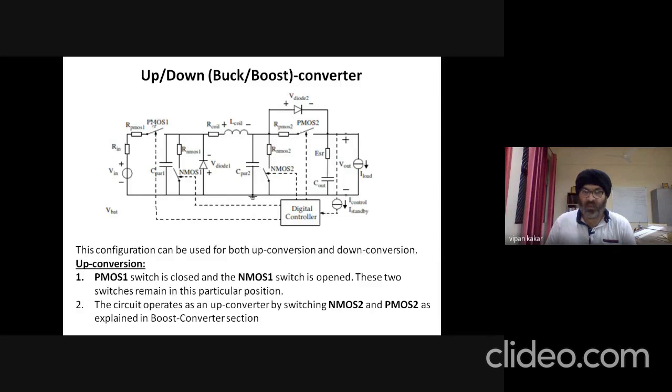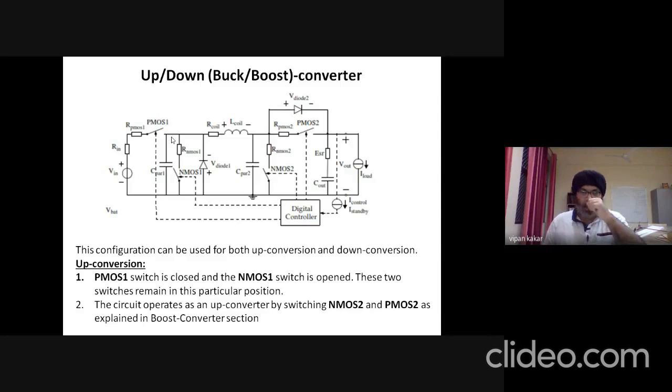This one is switched on. PMOS 1 is switched on. NMOS 1 is switched off. Now these two remain in this particular position till we continue to have a step up at the output.